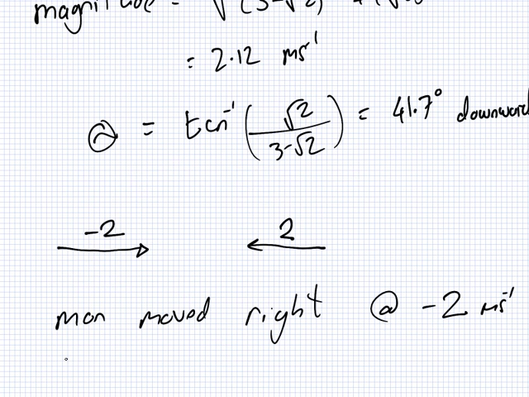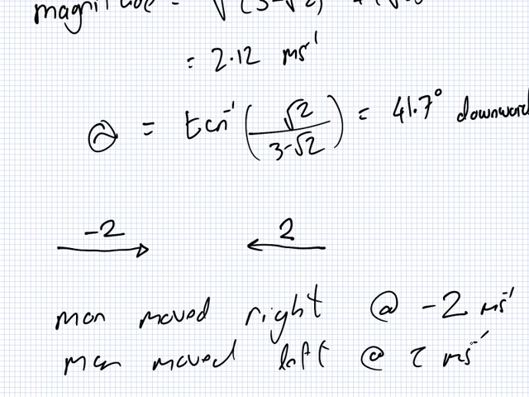Whereas I'm saying the man moved left at 2. So there isn't really a difference. The reason I did it my way is because I try to avoid problems with minus, especially when it comes to calculating angles. If I put a minus in here, I get a negative angle.